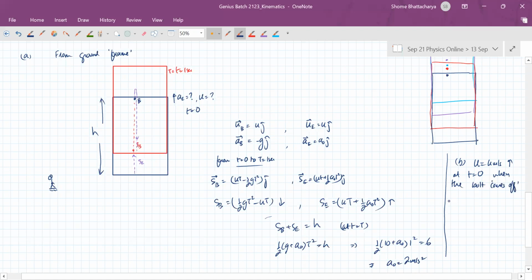So you have to find the distance traveled. The elevator is still going with acceleration a naught. Yes, the elevator has constant acceleration. That is what we've assumed from the beginning for the A part also.